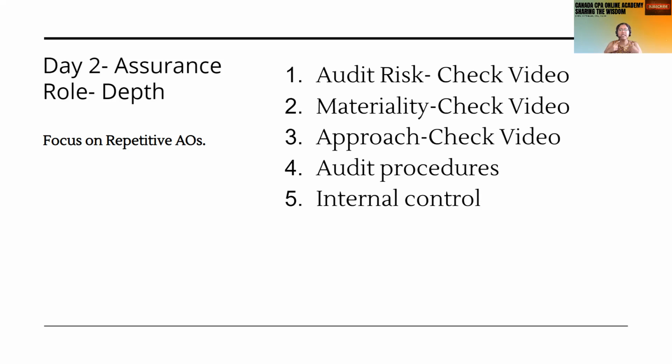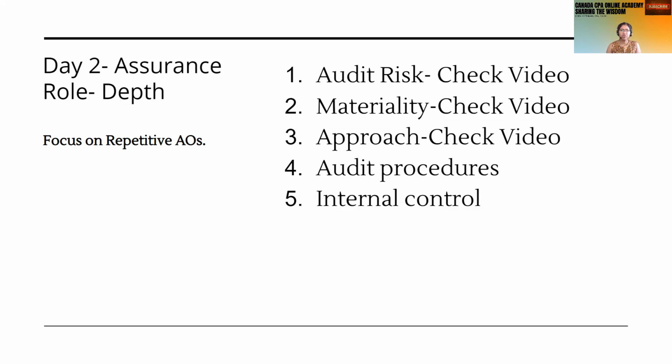These five, you will see that they keep repeating in every day two scenario. Now there would be some nuances, some things would be changed, sometimes the memo is asked just to revise, sometimes it's asked from an internal audit perspective. There will be some changes related to that, but you will always find these AOs repeatedly.